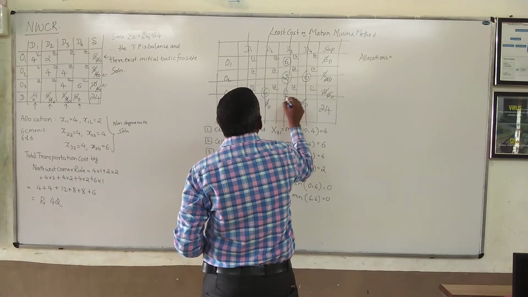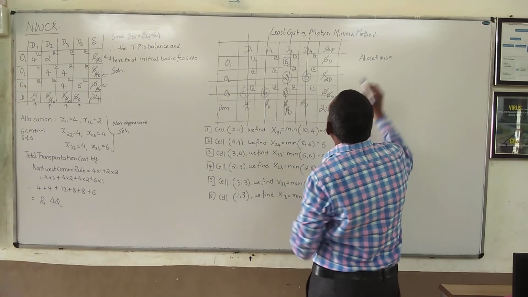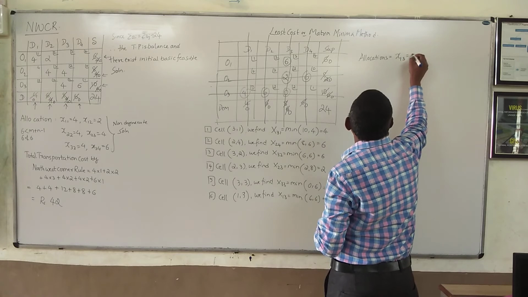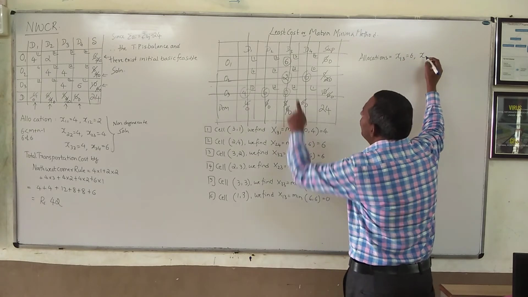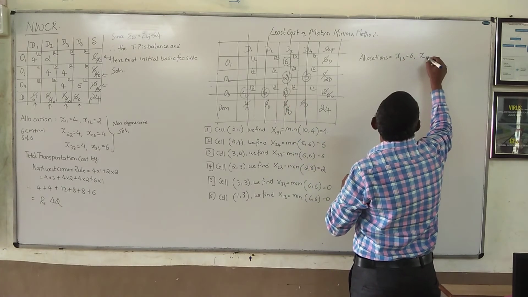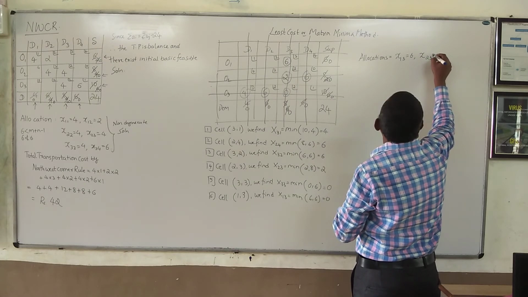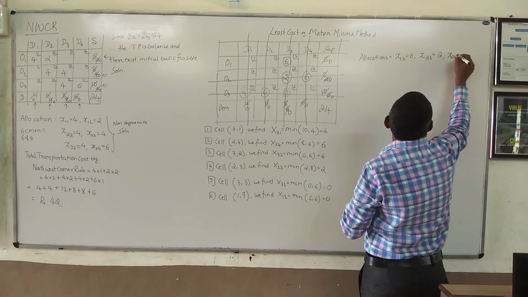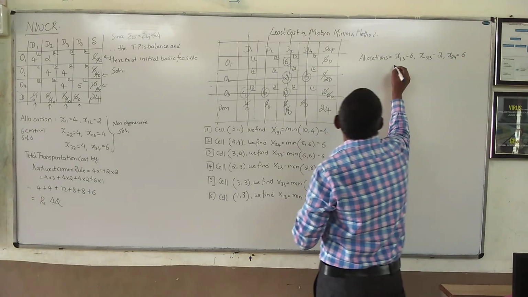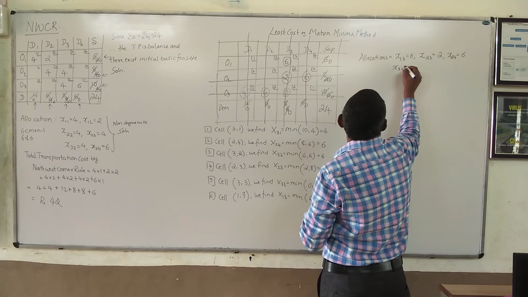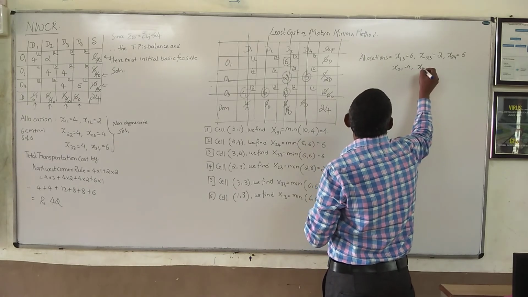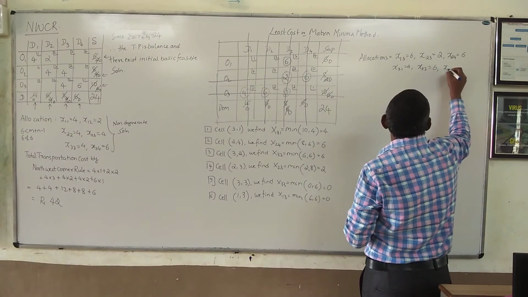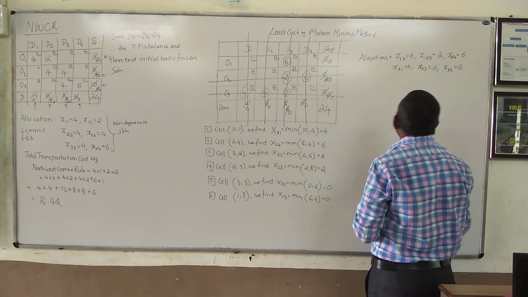So it is x13 is equal to 6, then x23 is equal to 2, then x24 is equal to 6, then x31 is equal to 4, x32 is equal to 6, x33 is equal to 0.